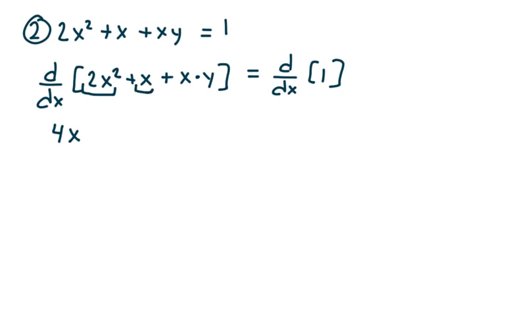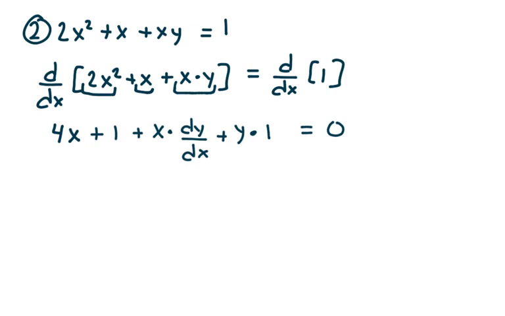The derivative of x with respect to x is 1. And then I have to apply the product rule on x times y. So the derivative of x times y with respect to x is x times dy/dx plus y multiplied by 1. And on the other side, we get 0.